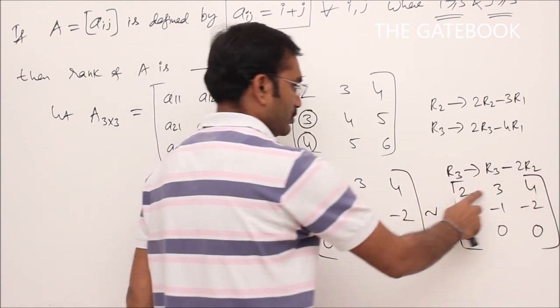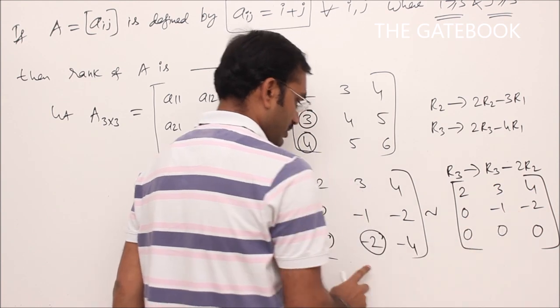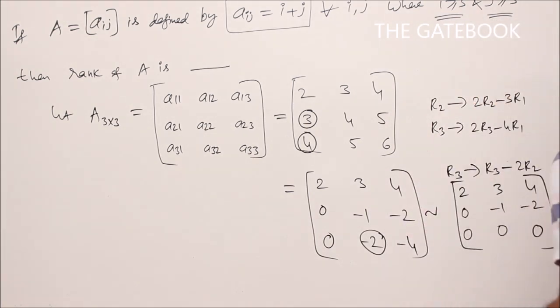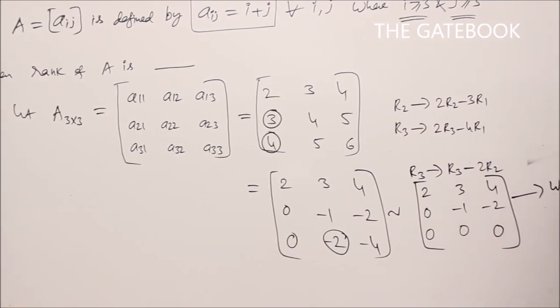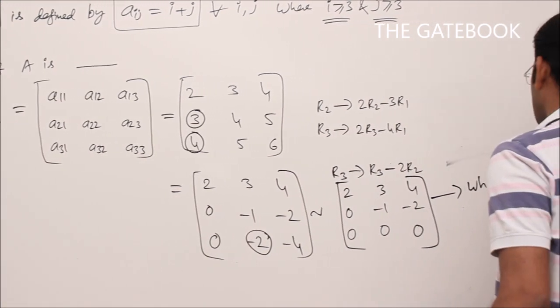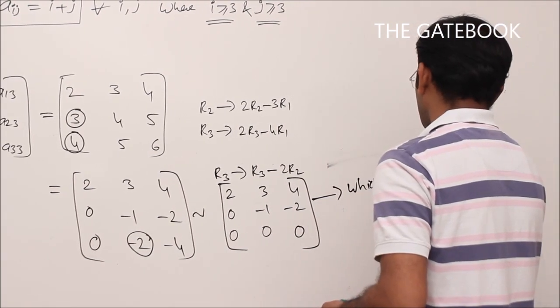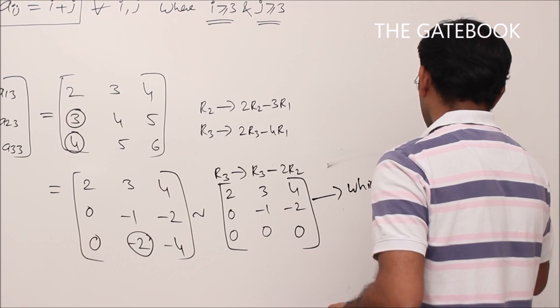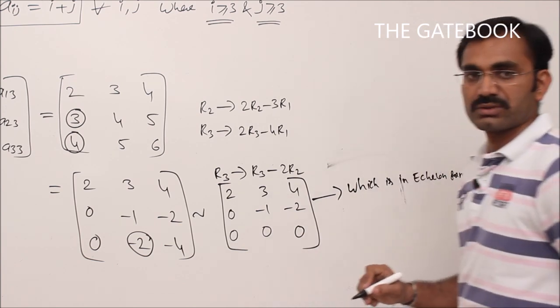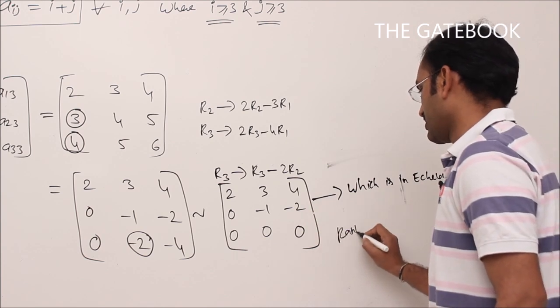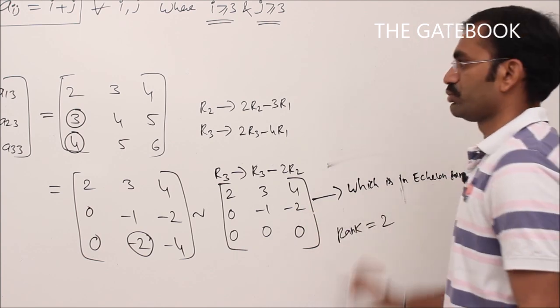Then the first and second rows stay the same and the third row becomes 0, 0, 0, which is in echelon form. We know that rank in echelon form is given by the number of non-zero rows. Here the number of non-zero rows is only 2. Therefore, the rank of this matrix is 2.